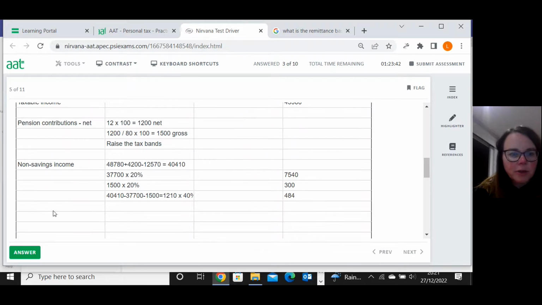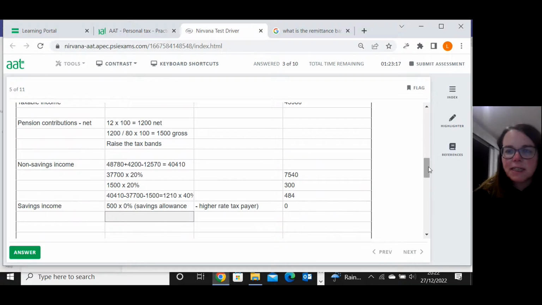Right, then we come to our savings income. So we know that he's a higher rate taxpayer. So the first 500 will be at 0%, the savings allowance for a higher rate taxpayer. So that will be 0.